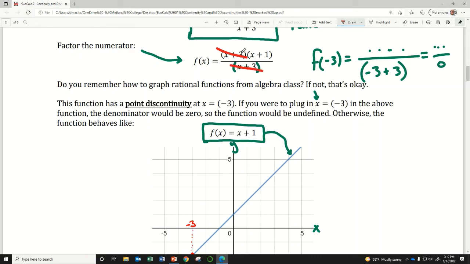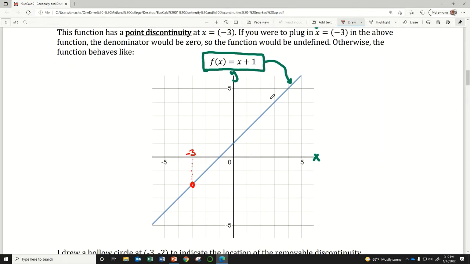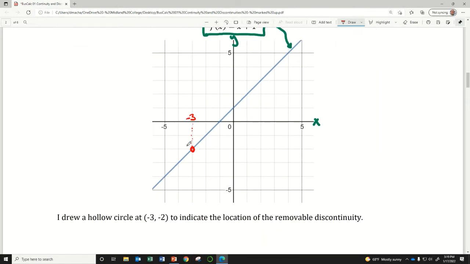And I'm left with f(x) equals x plus 1. But it's important to remember that I actually have a point discontinuity here because I can't allow my denominator to be 0. So I drew a hollow circle to indicate the location of a point discontinuity, or sometimes we call it a removable discontinuity, depending on what book you're reading. These mean the same thing.